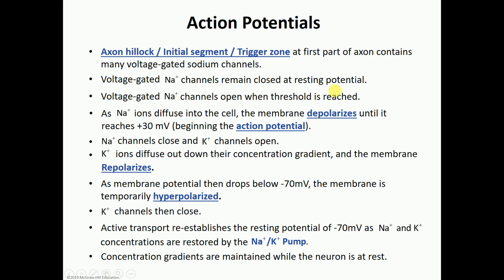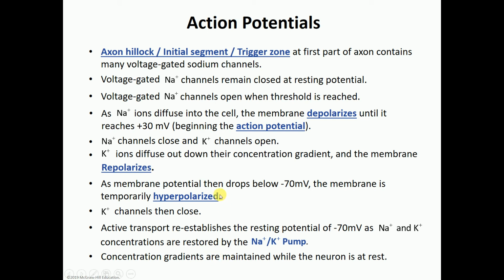Again, just to wrap up a couple of things: what causes depolarization? That is the opening of your voltage-gated sodium channels, so sodium rushes into the cell. What leads to repolarization? That is the opening of the potassium ion channels, and potassium rushes out or escapes out of the cell.